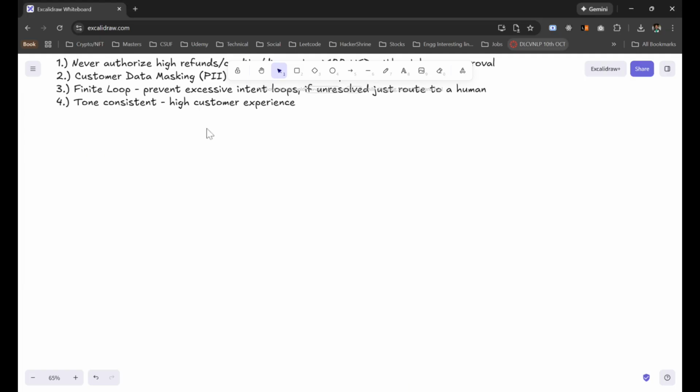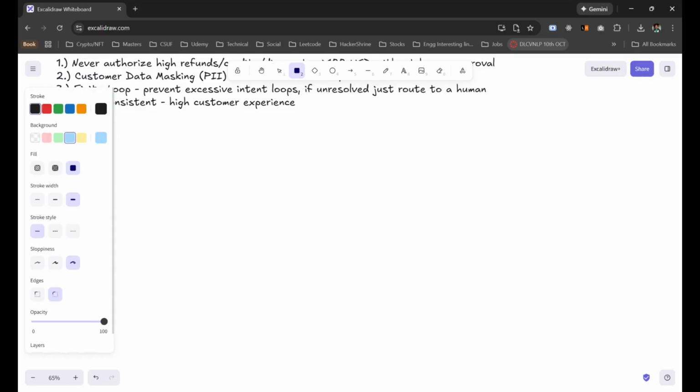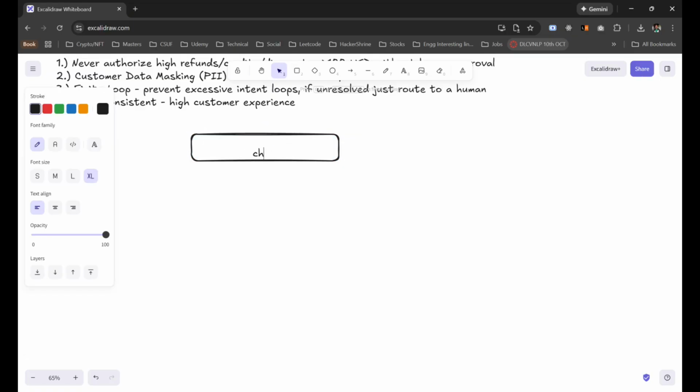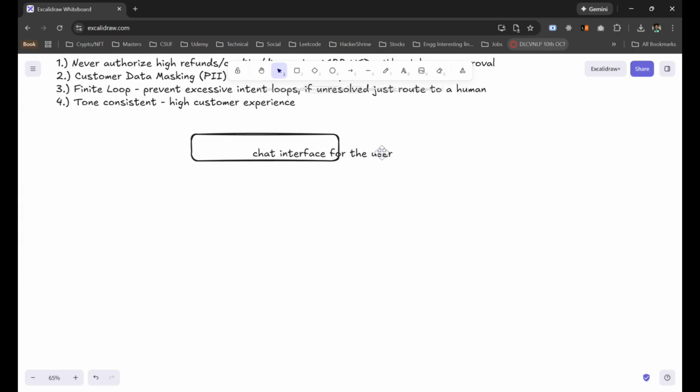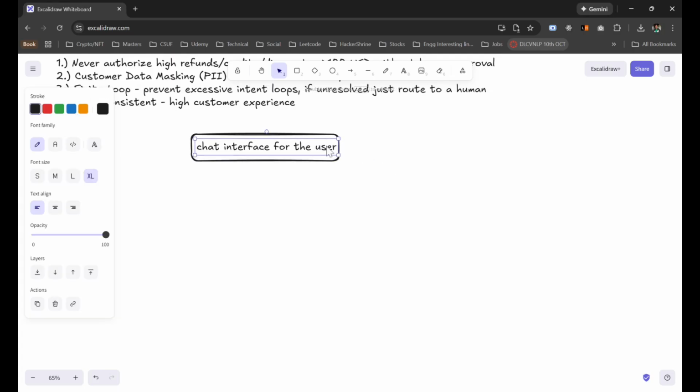Now let's start designing our system. So as discussed, the first thing that we would have for the user is the chat interface. In this chat interface is where the user is going to ask his or her query.